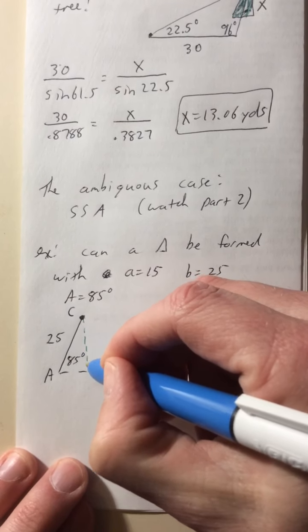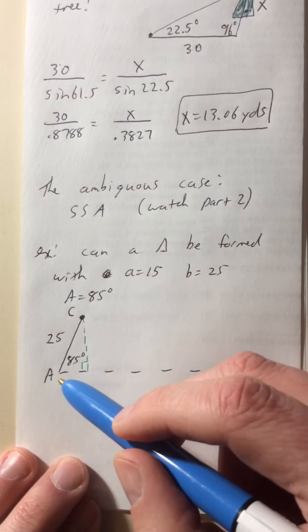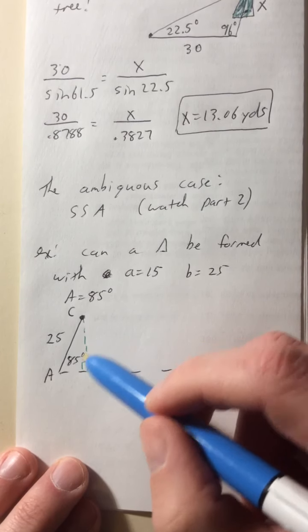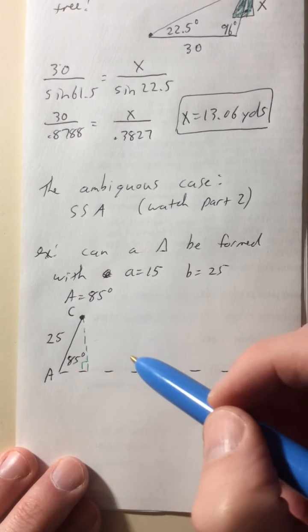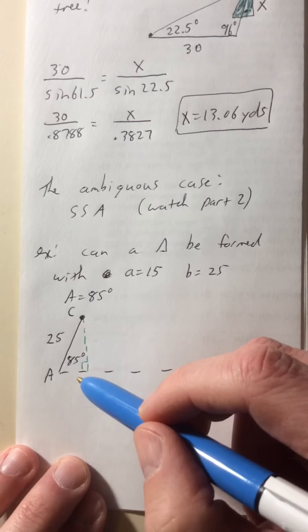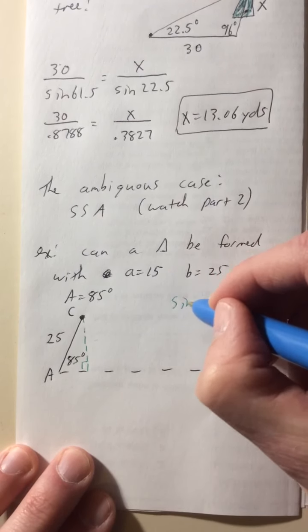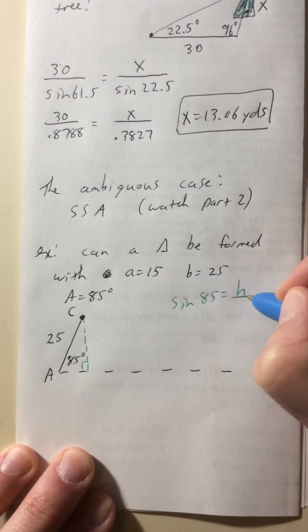So this guy right here, and that's easy to find. All we need to do is, well, this height right here is going to be based on the angle and the hypotenuse there. So we're going to do sine opposite over hypotenuse. So we're going to do sine of 85 equals h over 25.